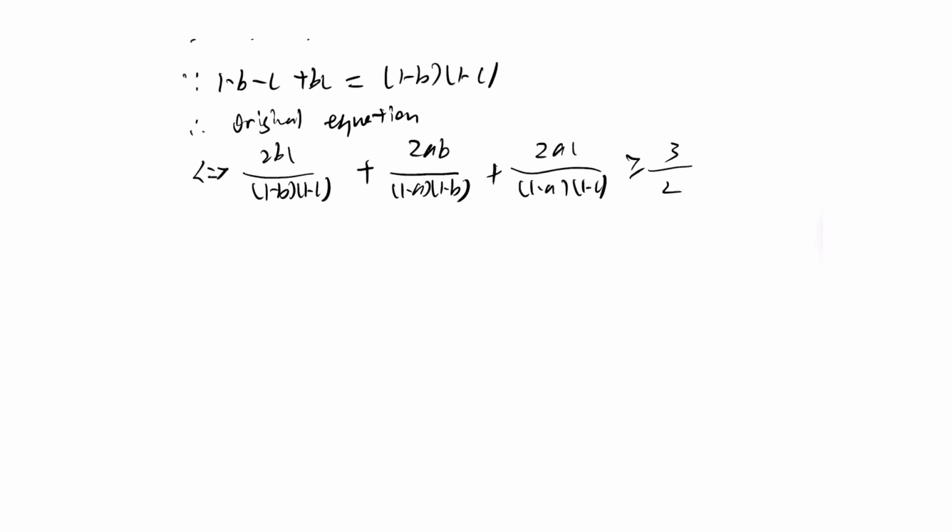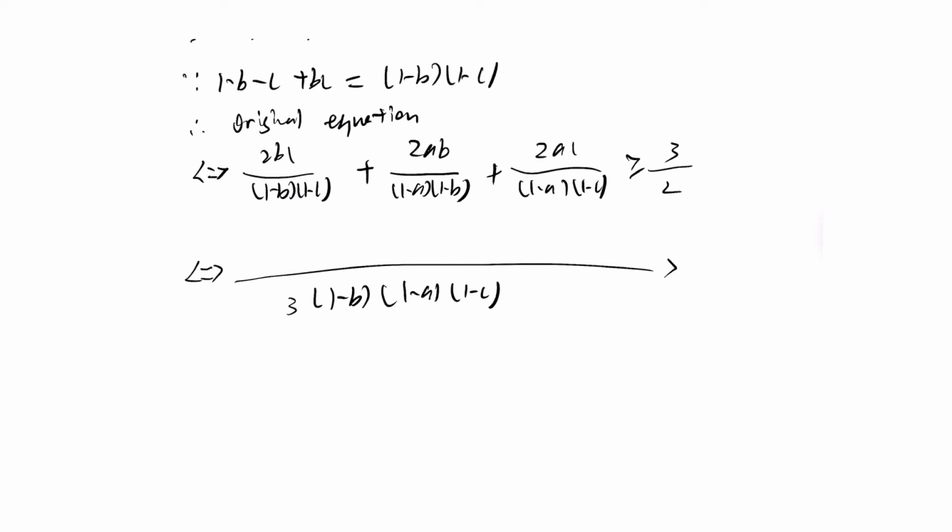And if we expand it, it will become 3 times (1 minus a)(1 minus b)(1 minus c) larger or equal to 4 times [bc times (1 minus a) plus ab times (1 minus c) plus ac times (1 minus b)].